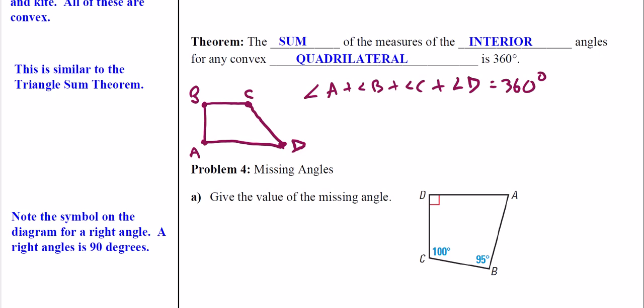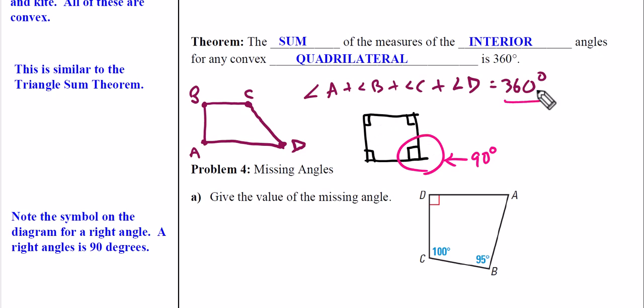But let's look at one quick special example, right? Let's say we look at a square. And we know that a square has 4 angles, and those angles are all right angles. And a right angle is 90 degrees. So as one special case of a proof, if a square's got 4 angles and all of them are 90 degrees, well, if you add 90 plus 90 plus 90 plus 90, you're going to get 360.